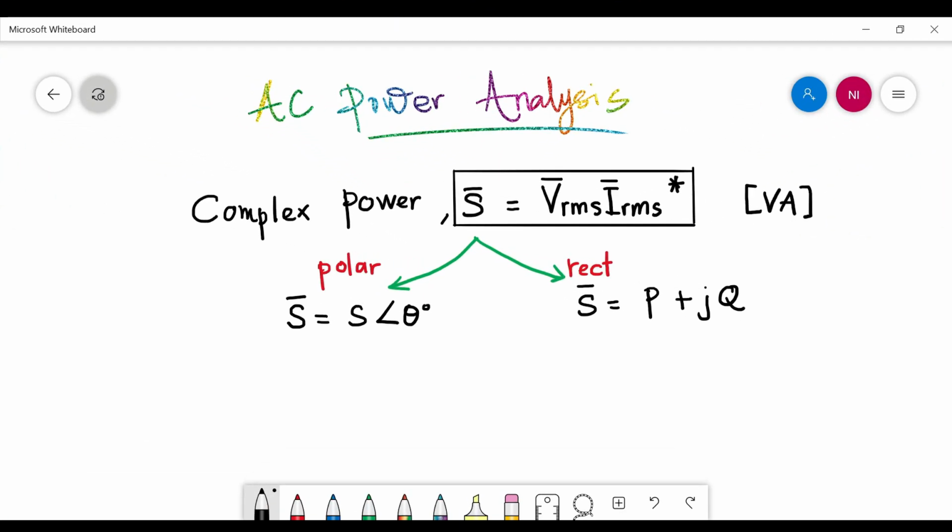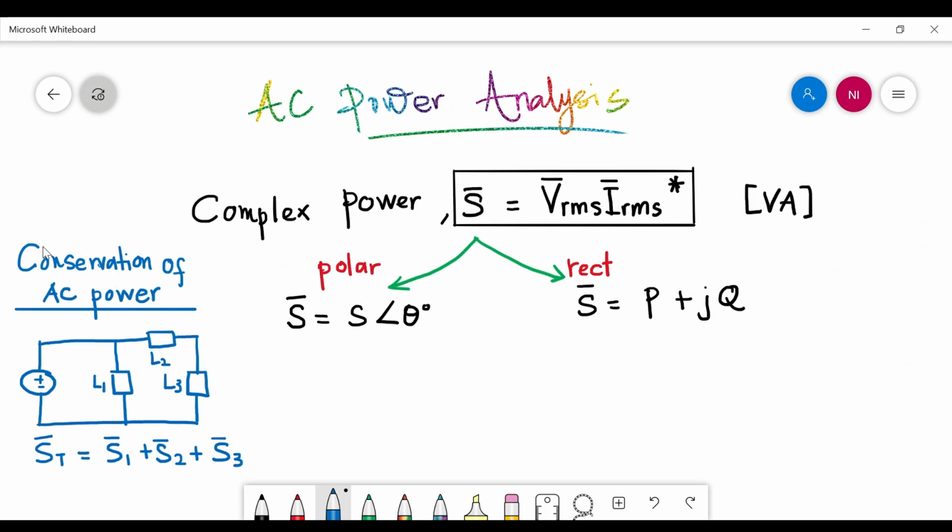Okay, let's conclude about complex power. The formula is Vrms Irms conjugate and the unit is VA. Complex power summarizes all the powers. In polar form, you have the apparent power and theta. In rectangular form, you have the average power and also reactive power.